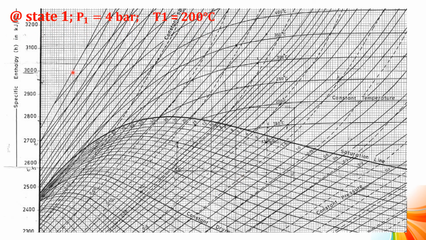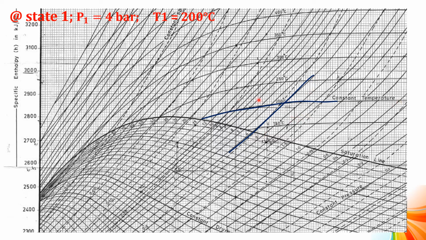So in our problem at state 1, the pressure P1 equal to 4 bar and temperature T1 equal to 200 degrees centigrade. For calculating the value of H1 we have to locate these two values in the Mollier diagram. See here, this is the 4 bar pressure line and this is the 200 degrees centigrade temperature line.